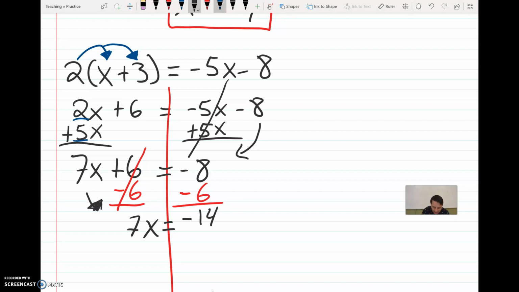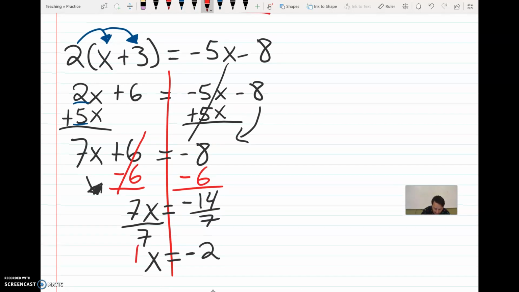So the opposite operation there is going to be division. And we divide by the coefficient, which is 7. So that's going to be divided by 7. And there we go. 7 divided by 7 is x. Negative 14 divided by 7 is going to be negative, right? And then 14 divided by 7 is just 2. And we are done.